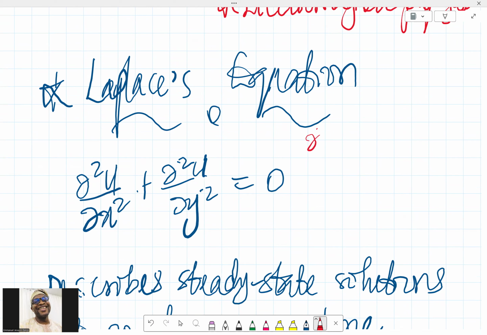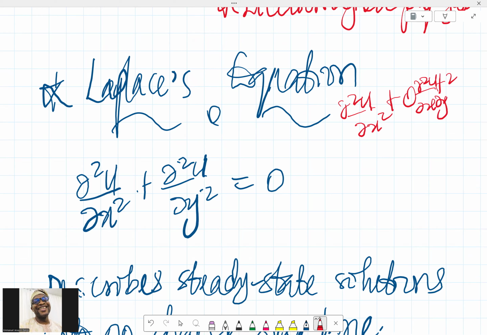So we have partial squared u partial x squared plus 0 partial squared u partial x partial y plus partial squared u partial y squared equals 0. So it means A is 1, B is 0, and C is also 1.